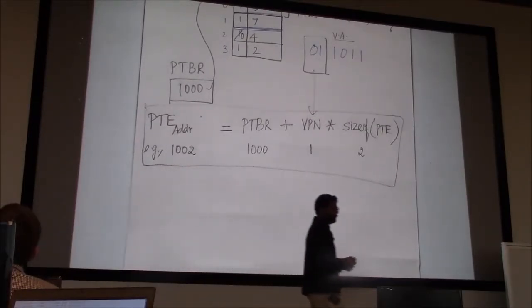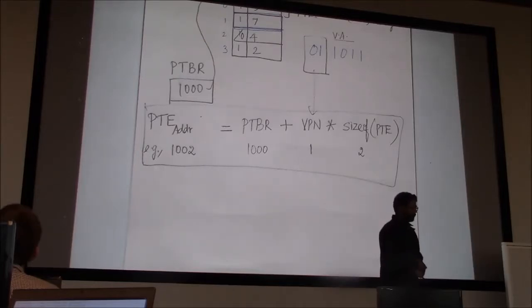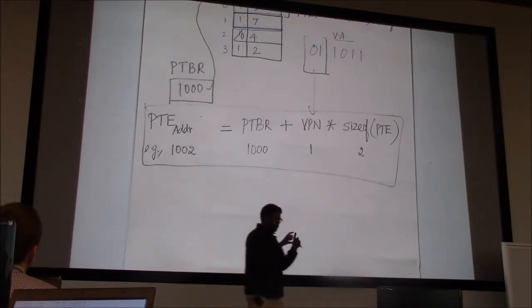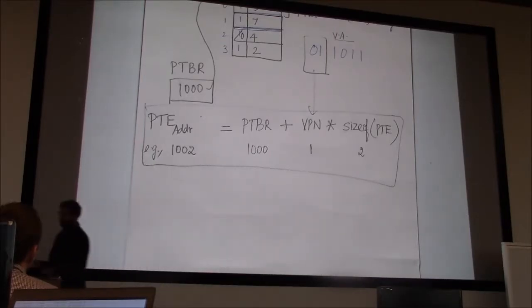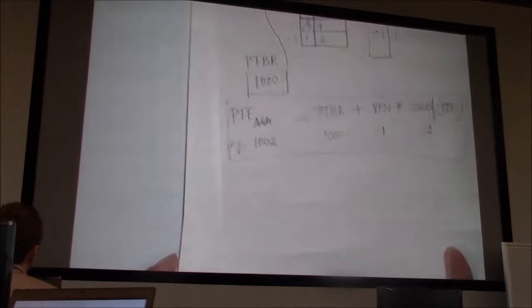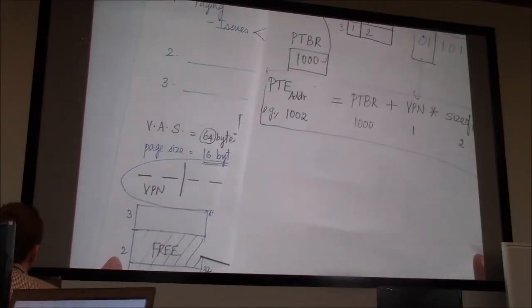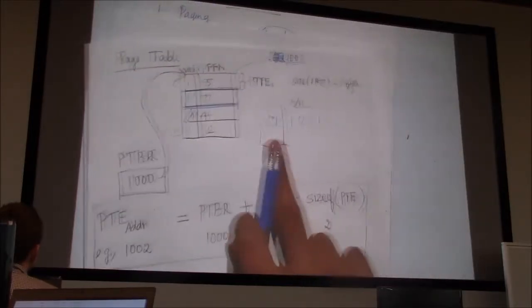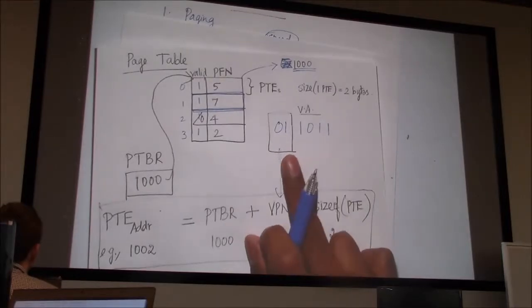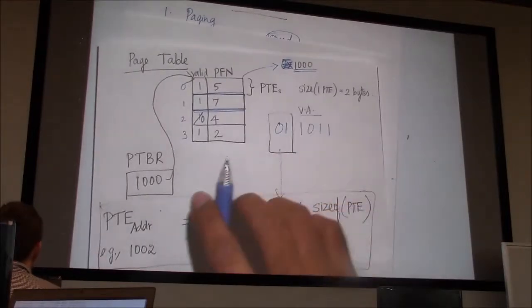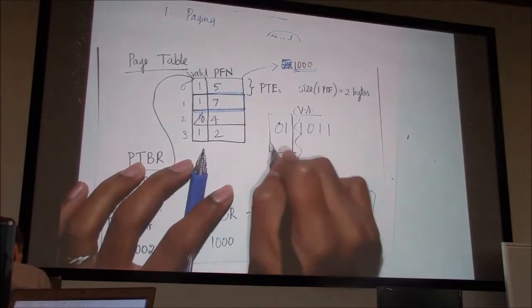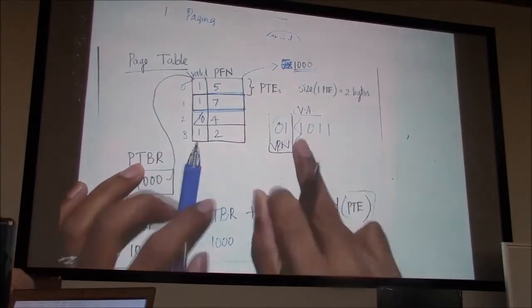Shouldn't the first virtual page be 0? Why do we use 1 for this? So the first virtual page is still 0, in the sense that it starts at 0. We have VPN 0, VPN 1, VPN 2, VPN 3. But in the example that we have here, the 2 bits that represent the VPN were just 0, 1.